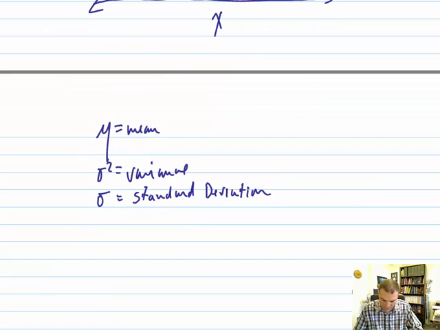Now I'm making an assumption right here that you are familiar with those basic statistical terms: the mean, the variance, and the standard deviation. If you're not familiar with those, any statistics book will explain those to you quite thoroughly. But essentially the mean tells us the central tendency, or the centroid, the center of the data set. The variance tells us how the data is distributed, and the standard deviation is another measurement of the variability of the distribution of that data around the mean.